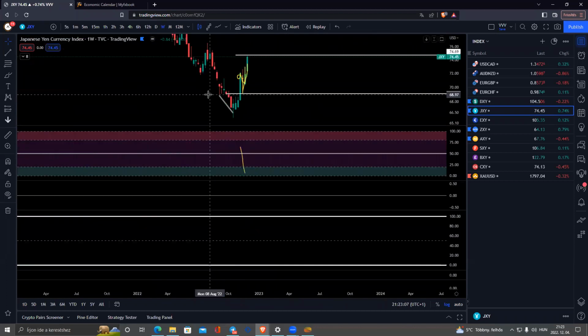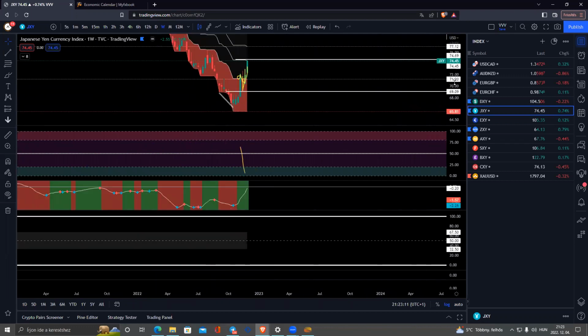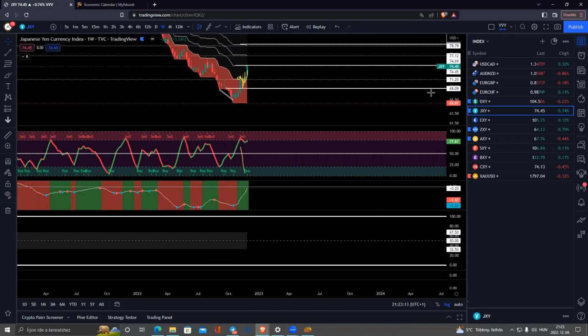Let's see on weekly basis. This was the 38, and we are now at the zero line. There is a small divergence, which is also almost the same like on the XY.